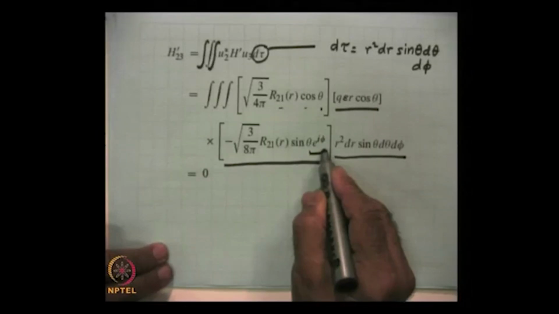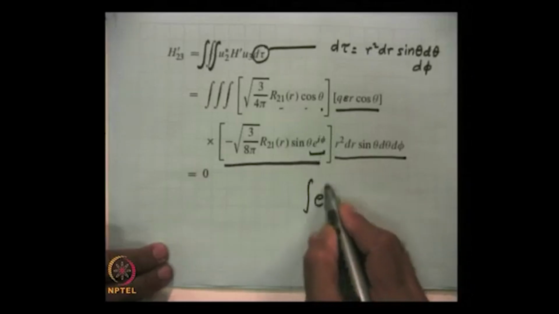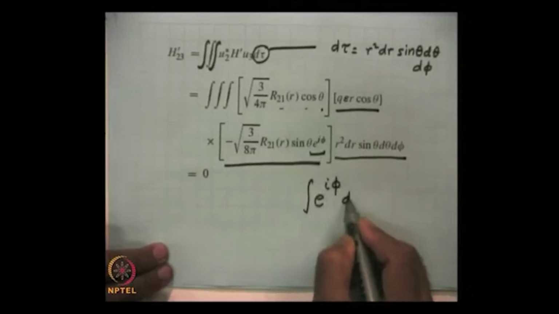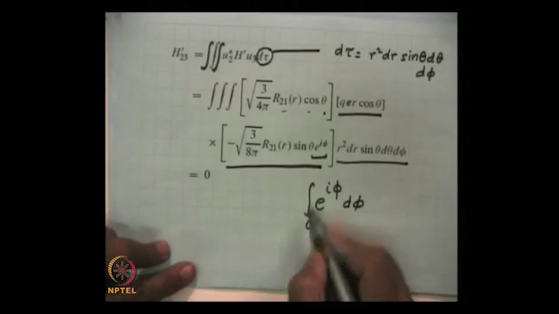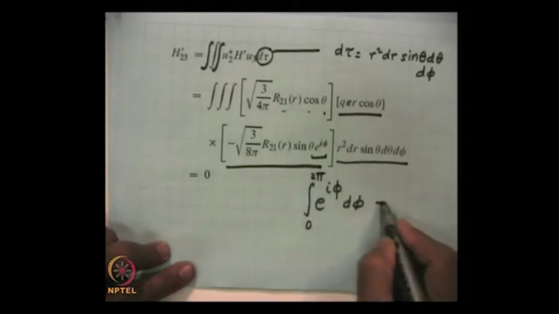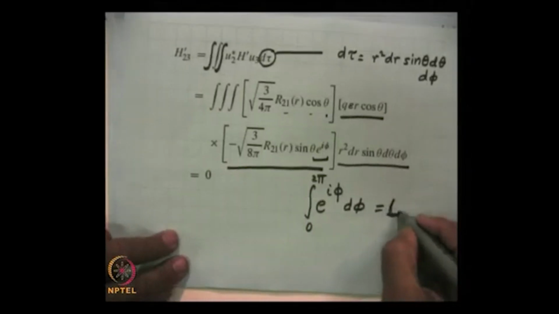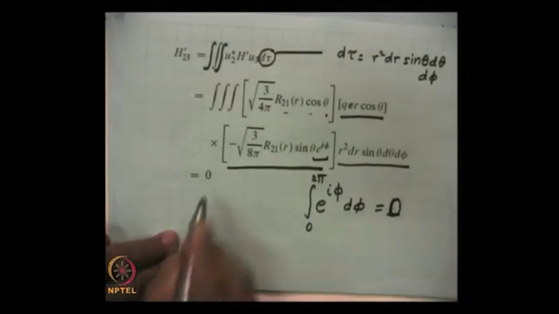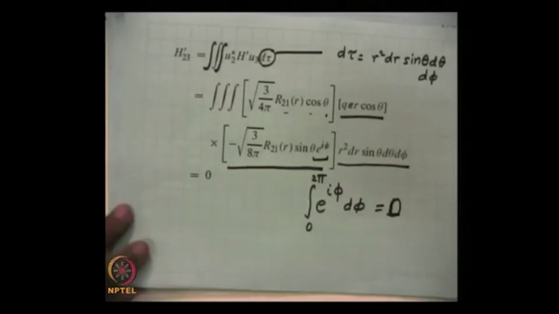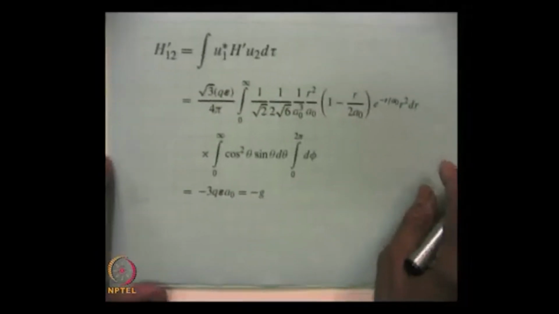Because of this term e to the power of i phi d phi, the integral from 0 to 2 pi is, oh, I am sorry, this is just 0. So, the total integral comes out to be 0. Similarly, however, the only non-vanishing integral is H prime 1 2.